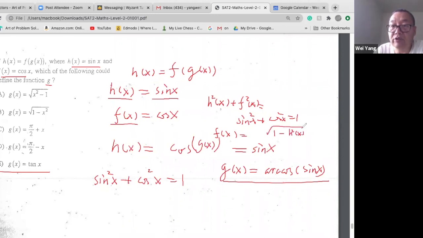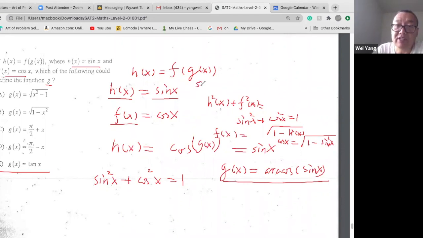This equals the square root of 1 minus sin x squared, which gives you fx, the cosine x, right? We can do the opposite.